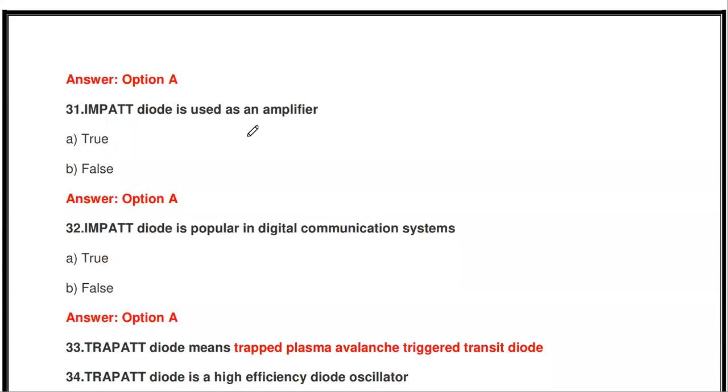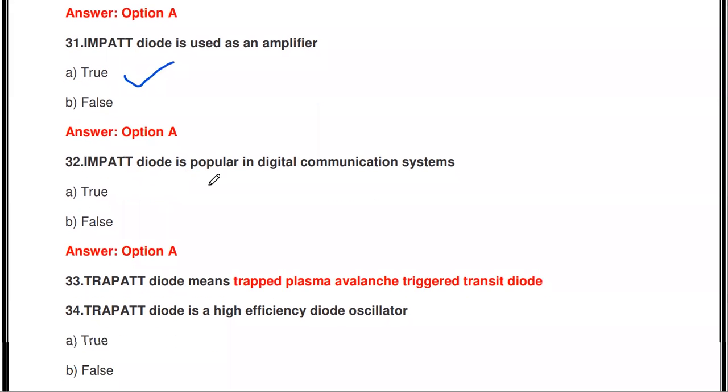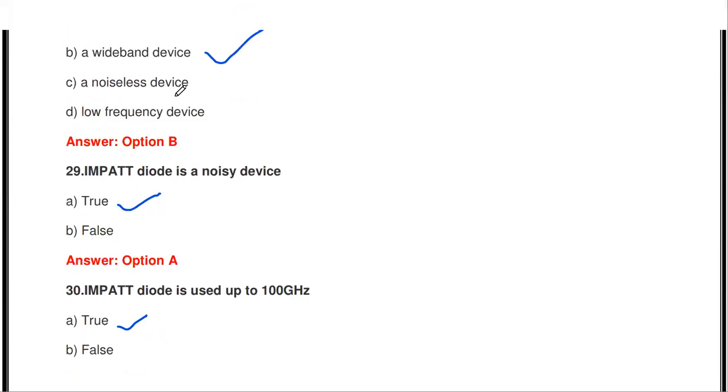Then the next one, the impact diode is used as an amplifier. Yes, it is used as an amplifier. And impact diode is popular in digital communication systems. Yes, it is also true. So these are all the questions about the impact diode.